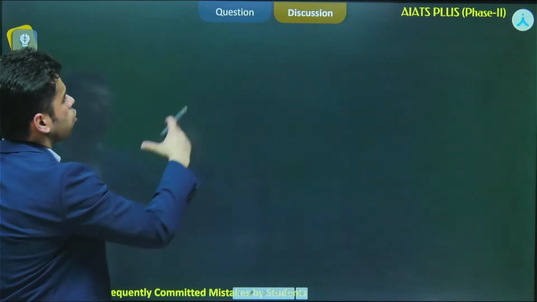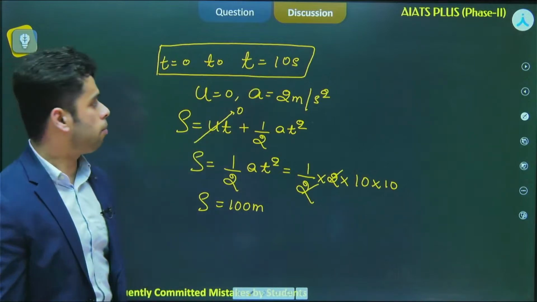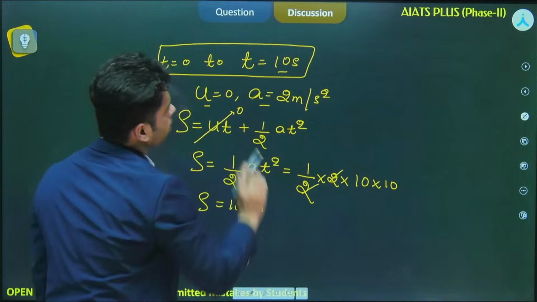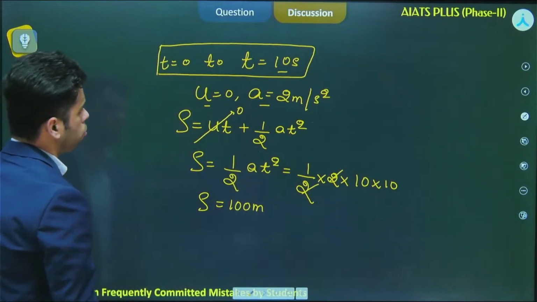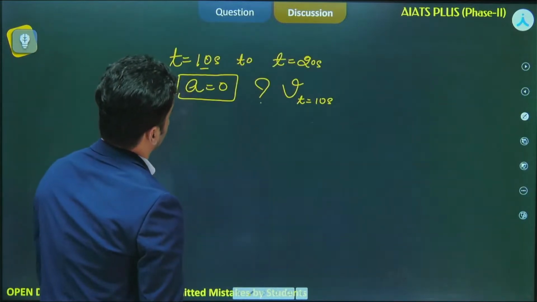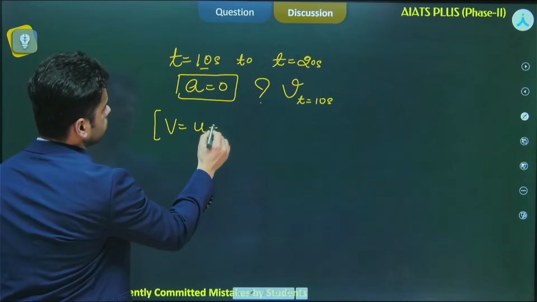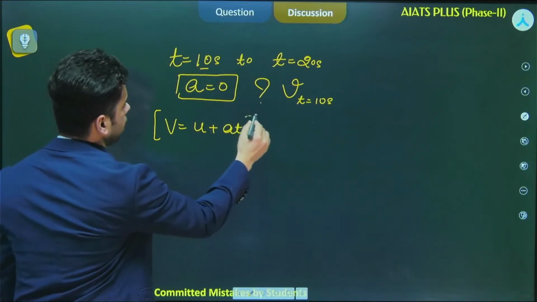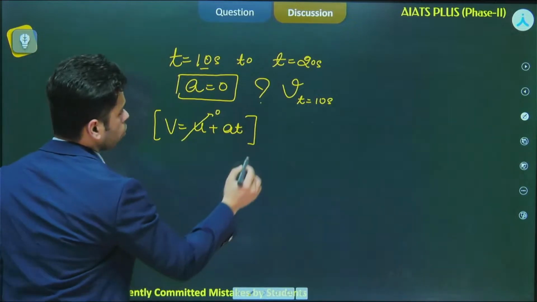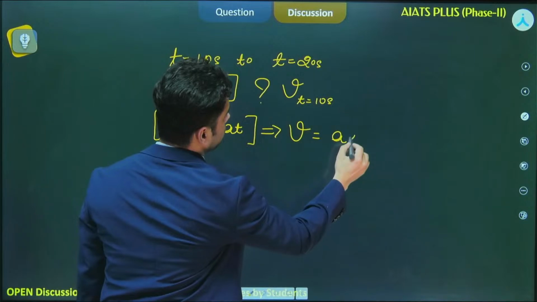For this, let's go back to this motion. At the end of 10 seconds, what should be the velocity of the body if the body is starting from rest and moving with a uniform acceleration of 2 meter per second square? I'll use the equation v is equal to u plus at. Now the body is starting from rest, I'll put u as 0. So this equation reduces to v is equal to a into t.